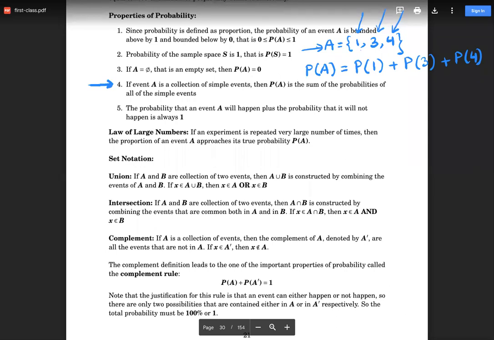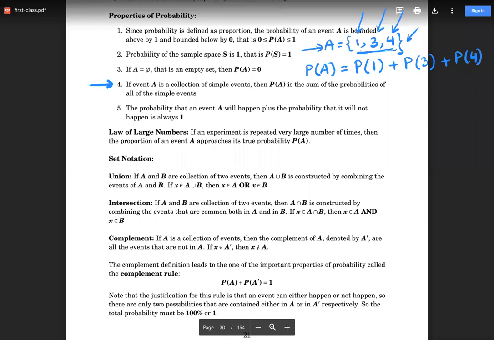The probability of an event A will happen plus the probability that it will not happen is always 1. So again, let's leverage this example. If you roll a die, the outcome could be one of these 3, or the outcome could be none of these 3.